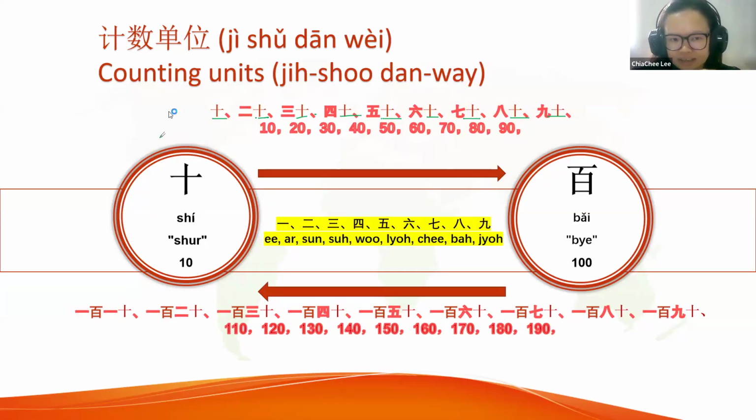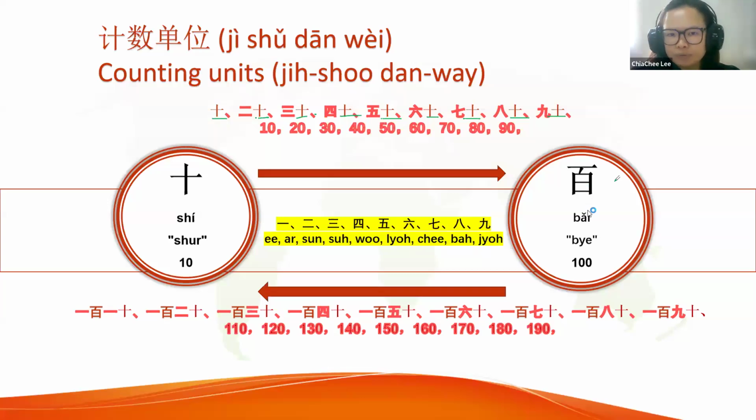Instead of 11到19 with the 10 in front, when the 10 is at the back, 10到90, it becomes bigger. From 90 we move on to 91 all the way to 99.